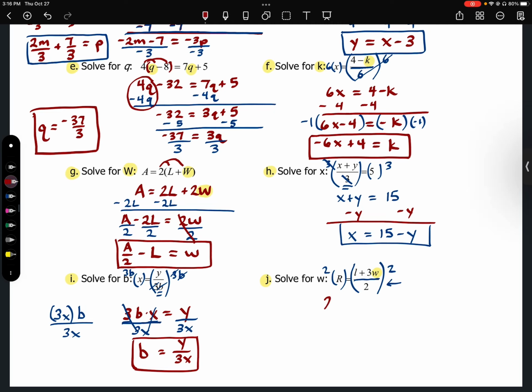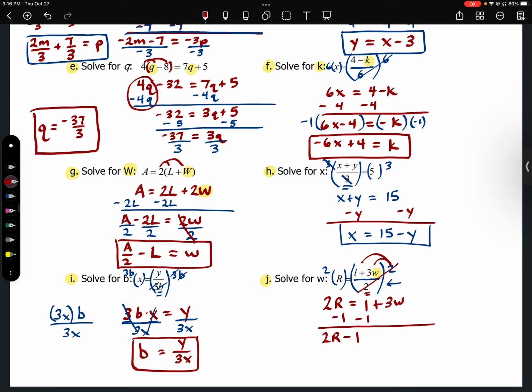What's that do? Well, we have 2 times r is going to equal, and I could take this and distribute this through if I wanted to, but then I'm going to just divide by 2. So these are just going to cancel each other out, and we really have 1 plus 3w left. Okay, we're getting closer to getting w by itself. So let's get rid of what's not attached to w first.